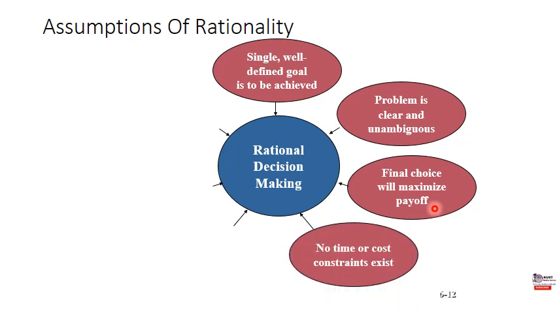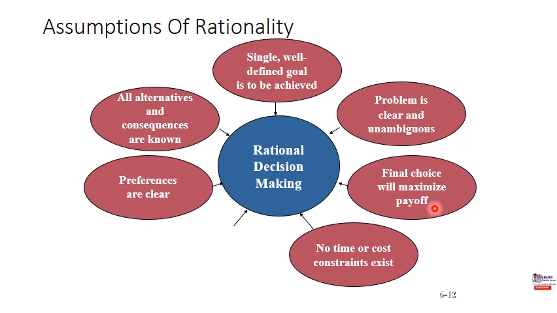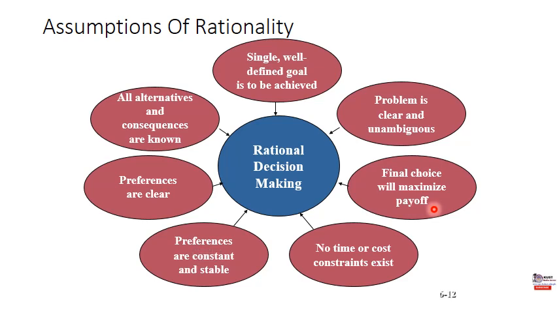There should be no time or cost constraint. All alternatives and consequences must be known to us. Preferences are clear. And lastly, preferences are constant and stable. That means the preferences should not keep on changing while taking a rational decision.